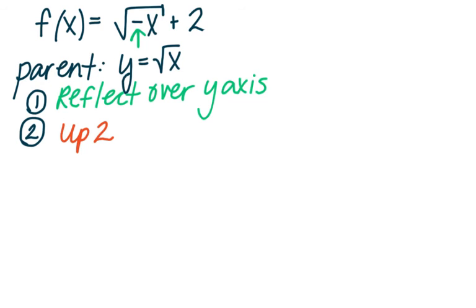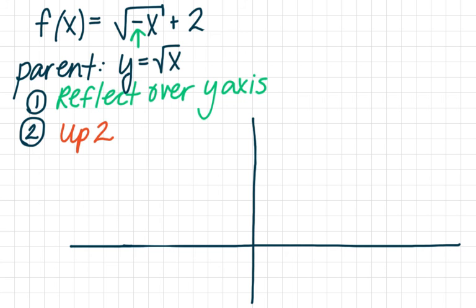So now let's graph, starting with the parent function, y equals the square root of x. For the parent function, we cannot have any negative x values inside of that square root. So we are going to start with 0. The square root of 0 is just 0. Then we go to 1. Square root of 1 is 1. 2 and 3, while they work, are in the domain, but the square root of 2 and the square root of 3 aren't numbers we can compute easily without a calculator.